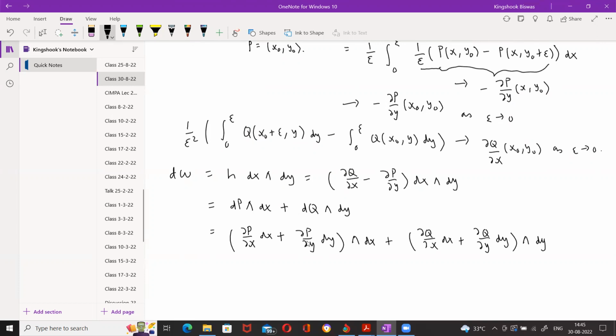And now what happens? We'll get del p del x dx wedge dx, but that is equal to 0, because the wedge product is alternating on one forms. We saw that earlier. Similarly, here dy wedge dy will be 0. What will remain is del p del y dy wedge dx, but dy wedge dx is the same as minus dx wedge dy. So I get minus del p del y dx wedge dy, and from here a plus del q del x dx wedge dy.